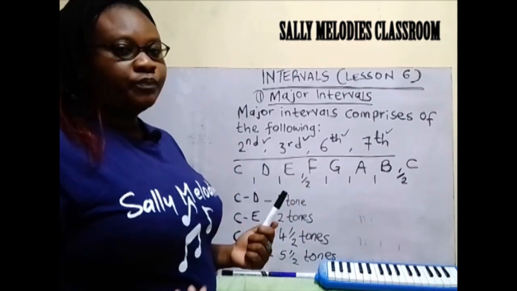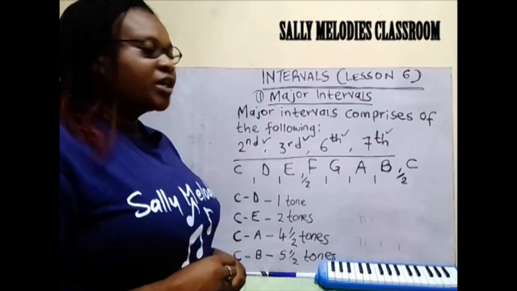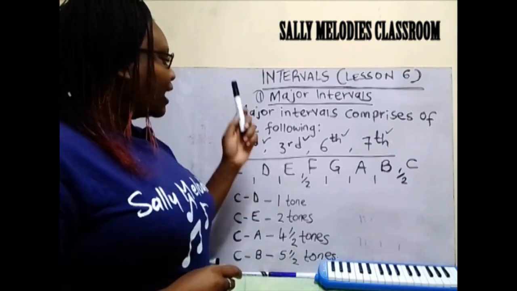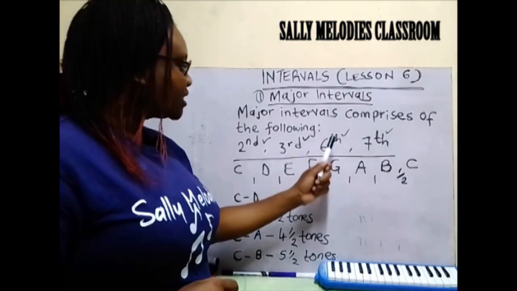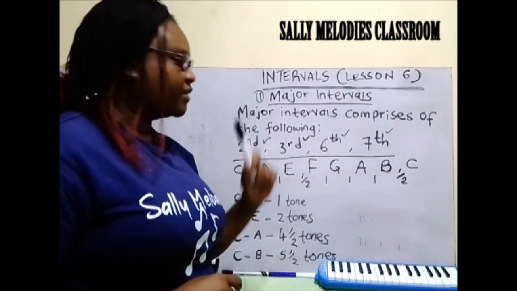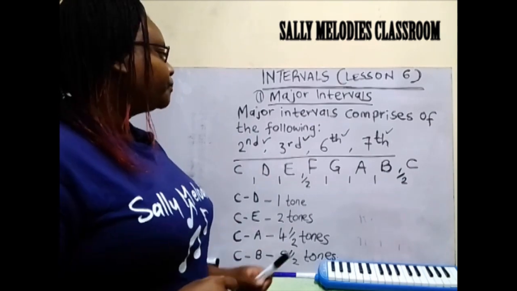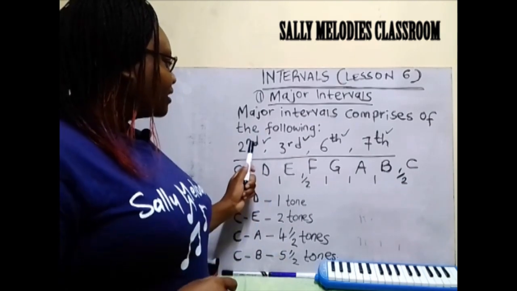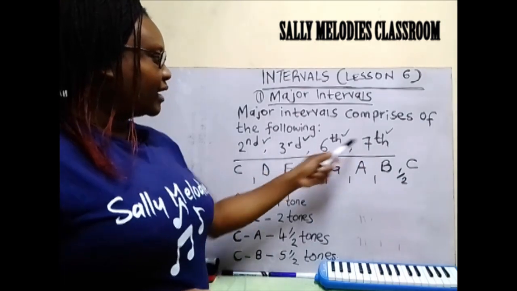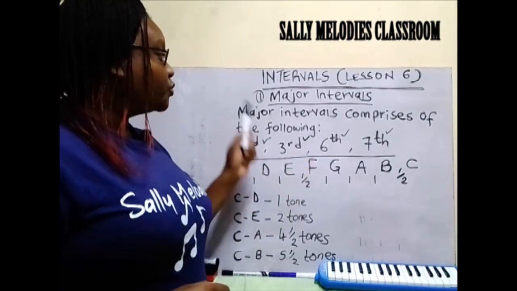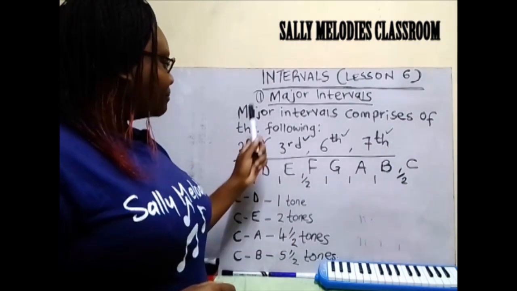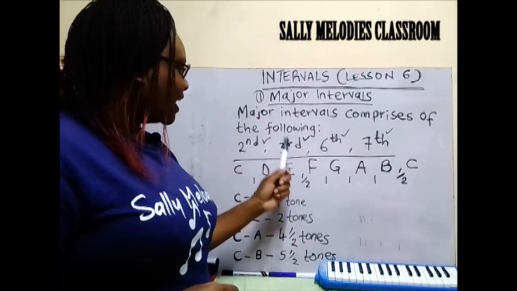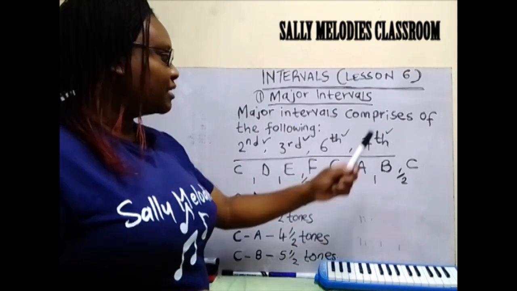So, when you are describing them, you just say a major second, a major third, a major sixth, and a major seventh.